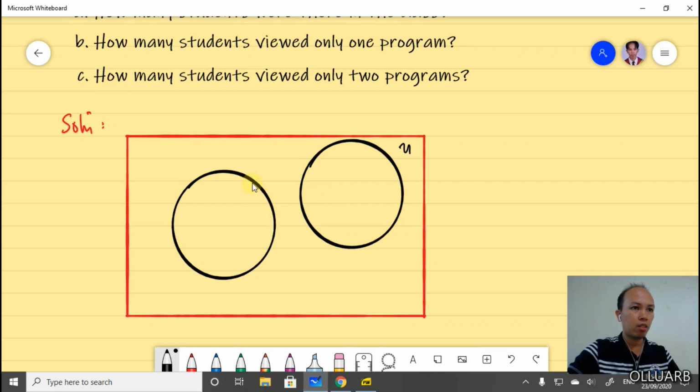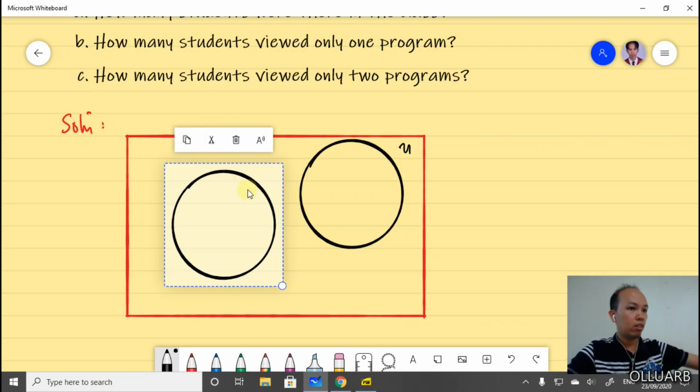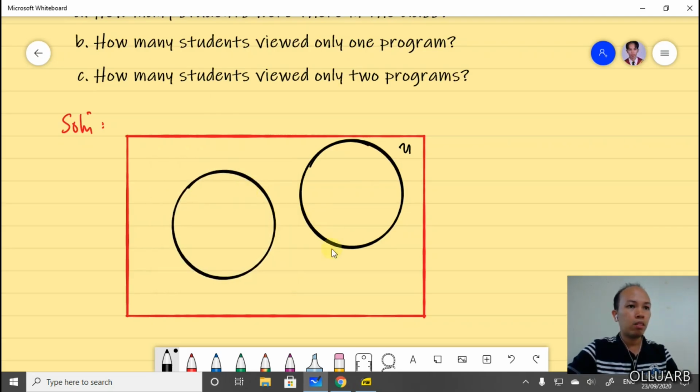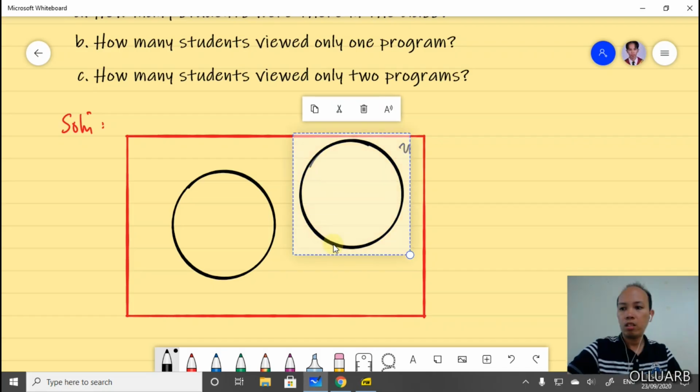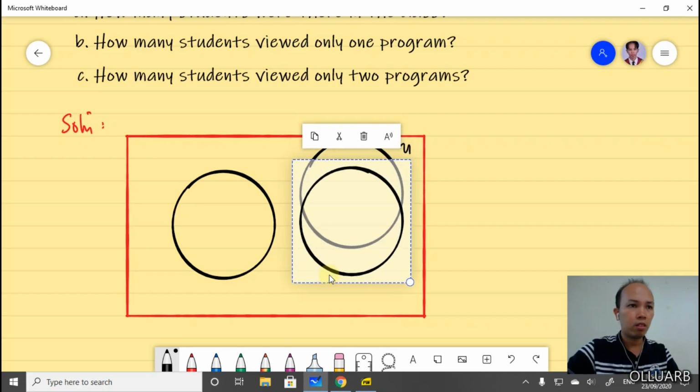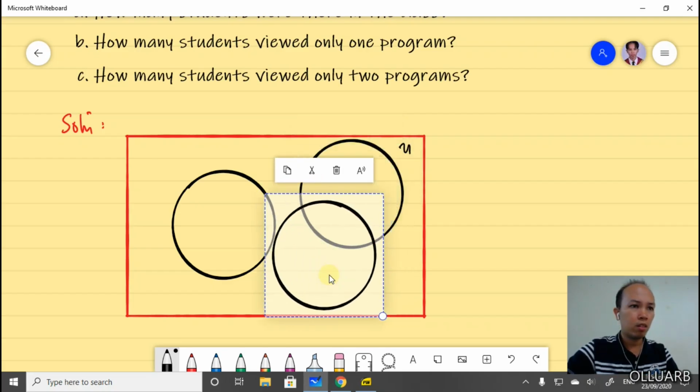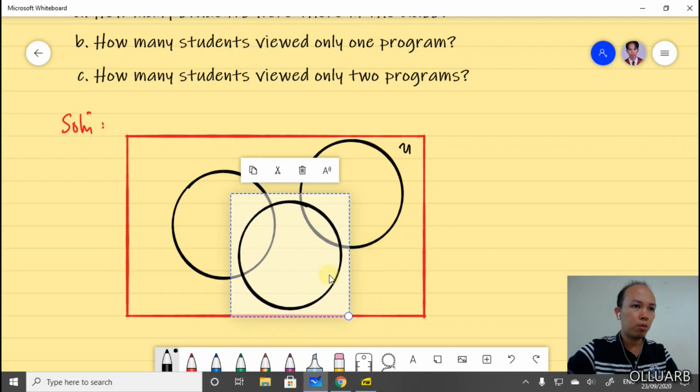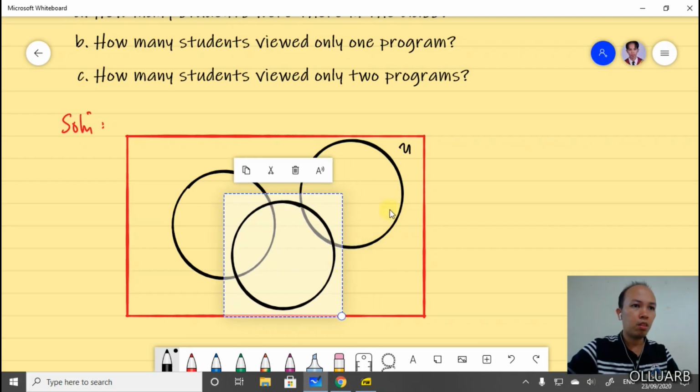Okay, let's use circles. Let's use 3 circles for news, concerts, and sports.